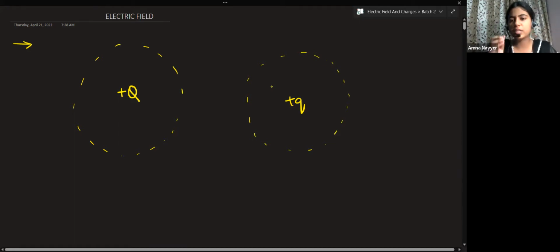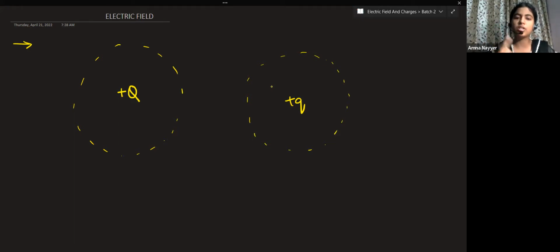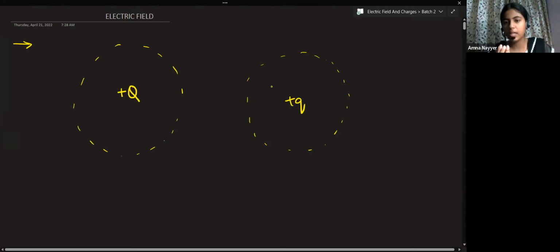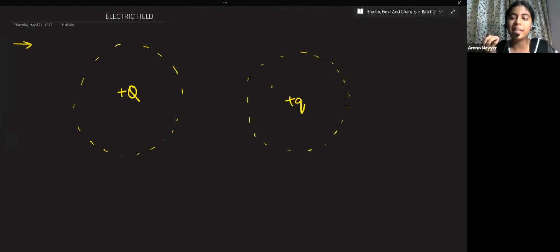Every charge, be it positive or negative, has a certain space around itself where phenomena of electrical activity can be experienced. That space around the charge in which you can feel the force of attraction and forces of repulsion is known as electric field.